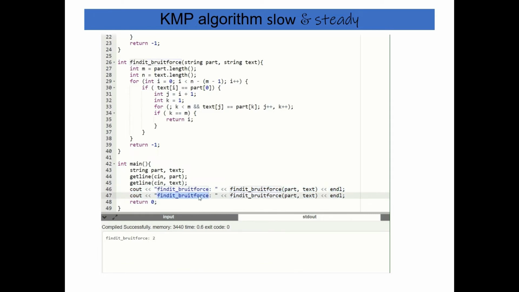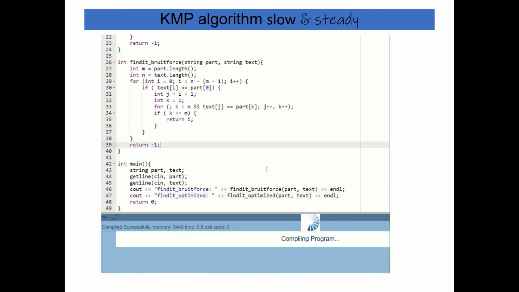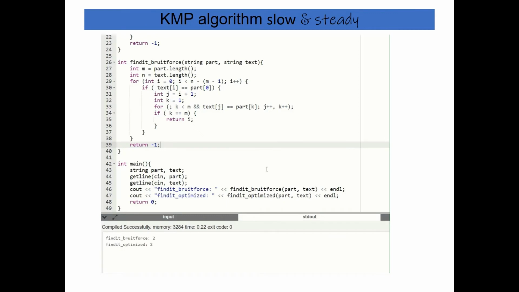So let's change it here from brute force to optimized, and over here to optimized. Now let's run this again, and then it seems to work. So we seem to get the same result.